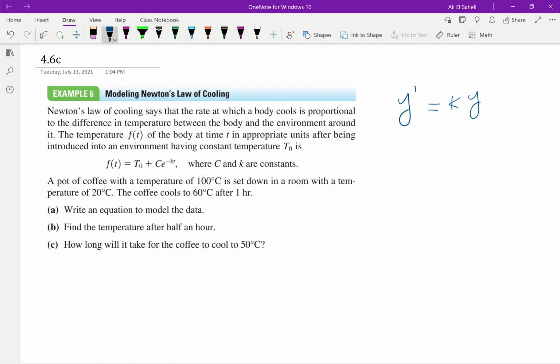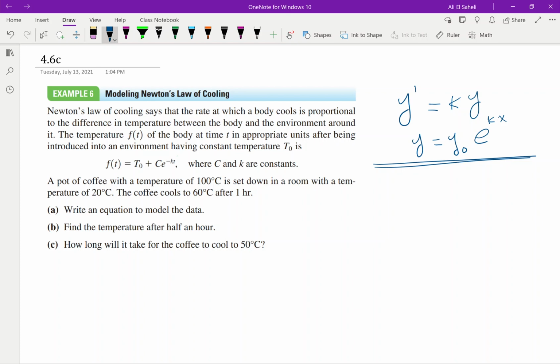And that gave us the exponential growth decay model. It is a growth model if k is positive. It's a decay model if k is negative.